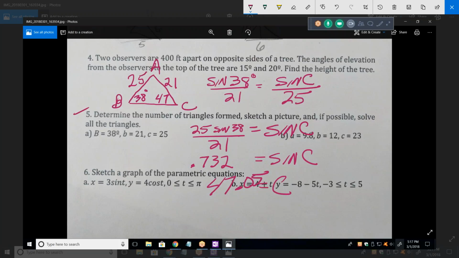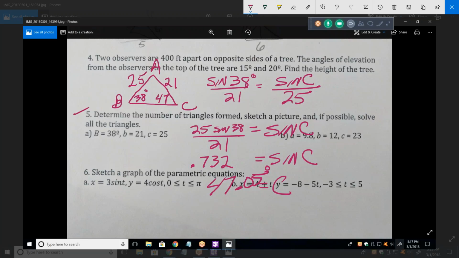All right. So the question you now have to ask yourself is, what's the other answer for C? This is one answer, 47.05 degrees. Well, remember that the sine is positive in the second quadrant.